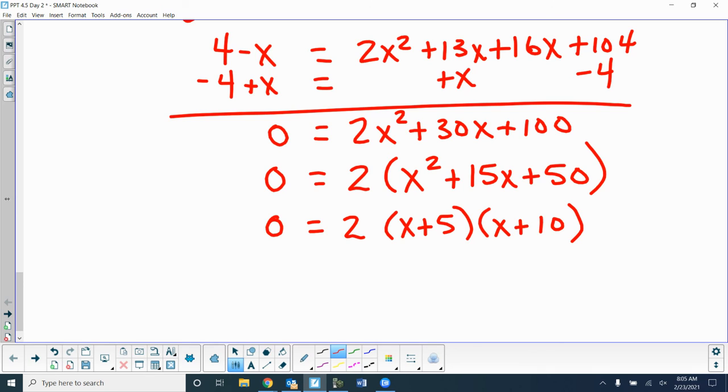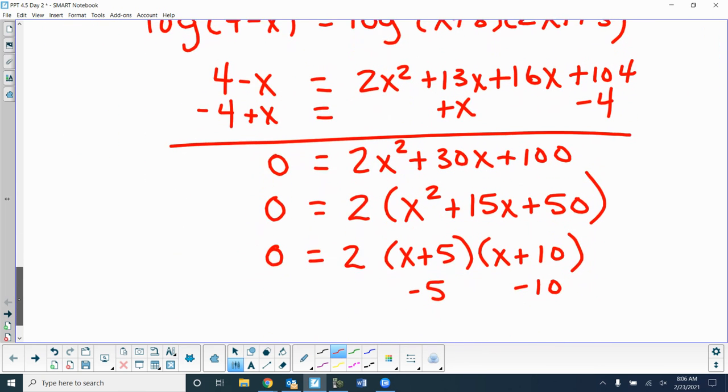So my two answers are -5 and -10, but I pulled the 2 out, so I think I've got to divide by 2, well, maybe not. No, I don't think I do. Let's see which ones work.